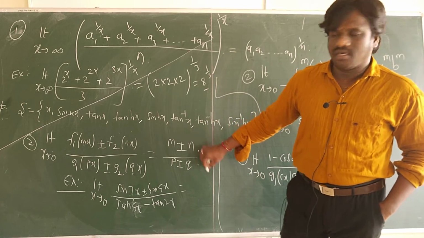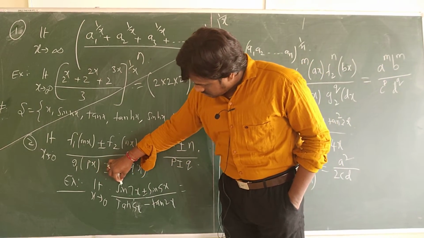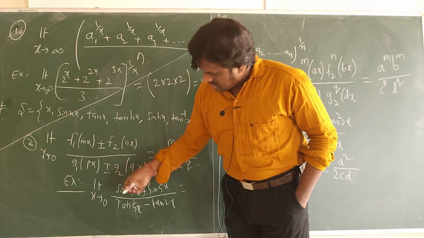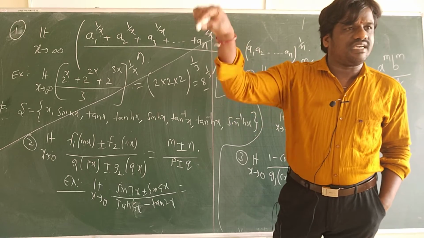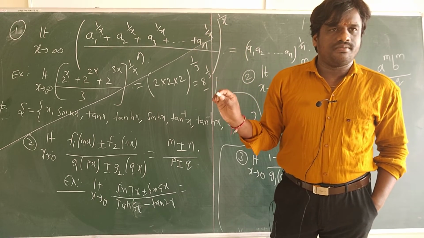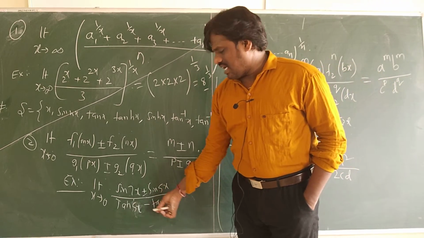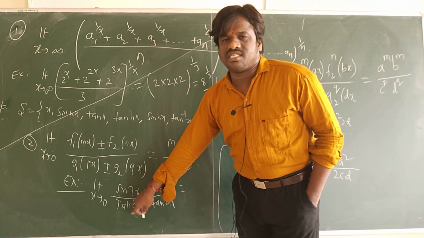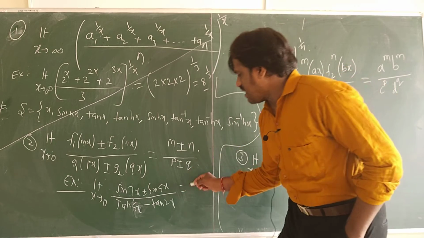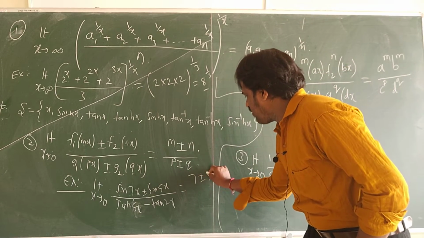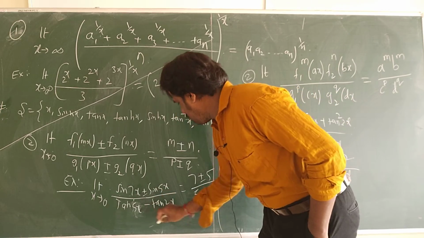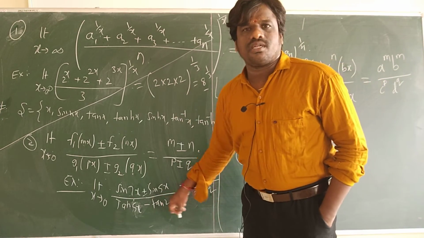Suppose you have limit extends to 0, sin 7x plus sin 5x divided by tan inverse भी हो सकता है, tan inverse 5x, anything can be possible. Sin inverse, whatever it may be, whatever this function may be. But if it is in this shape, the answer will be 7 plus or minus 5 by 5 plus or minus 2. If you have minus, you will get minus. If you have plus, you will get plus.